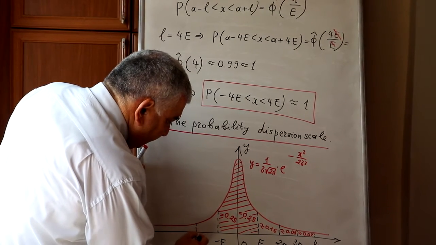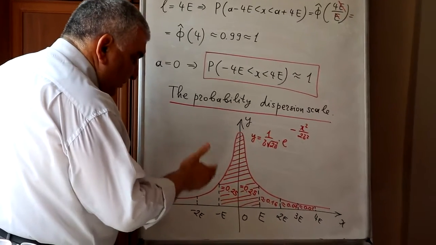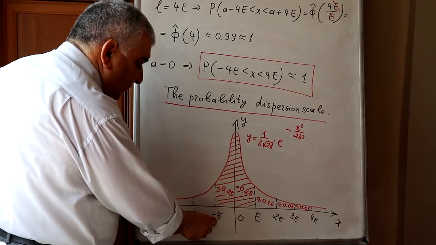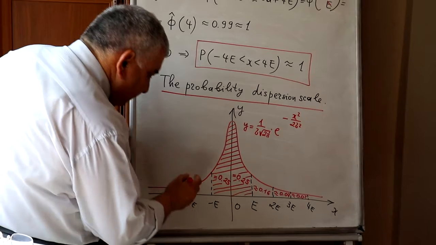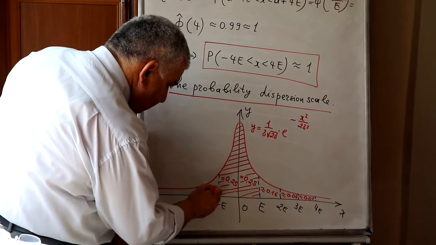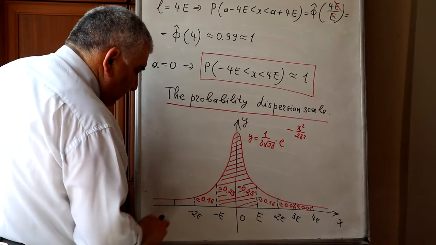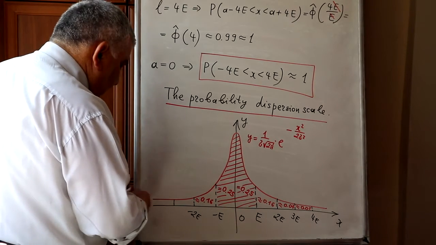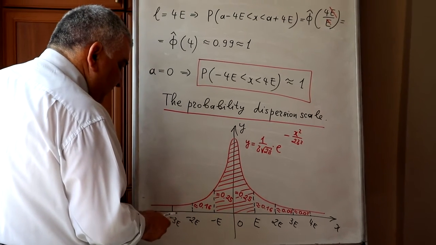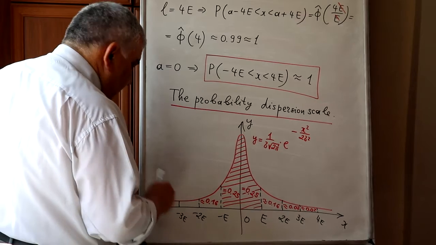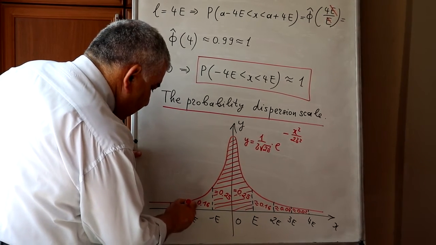That is, the probability that the continuous random variable will be situated in the interval minus 2E to minus E is approximately 0.16. Then the probability that the continuous random variable will be situated in the interval minus 3E to minus 2E is 0.07.